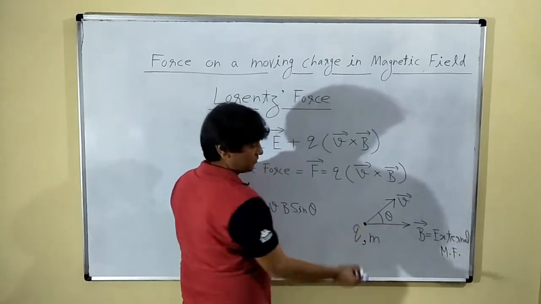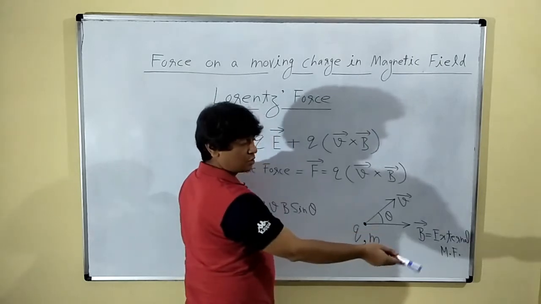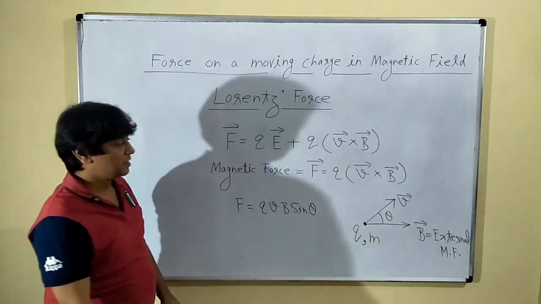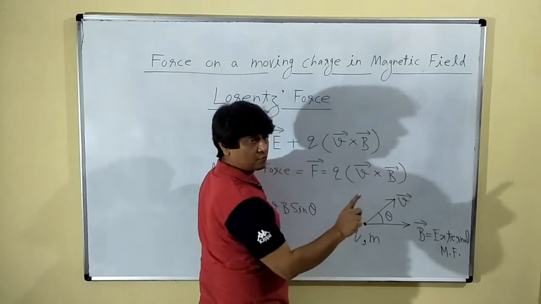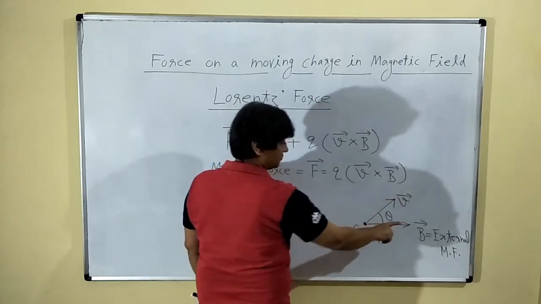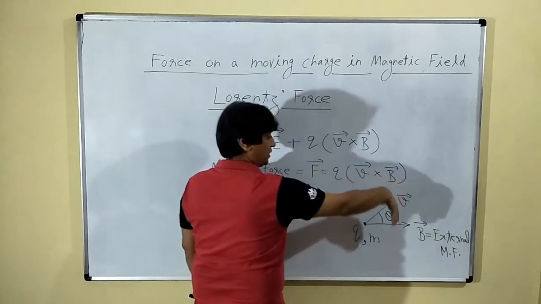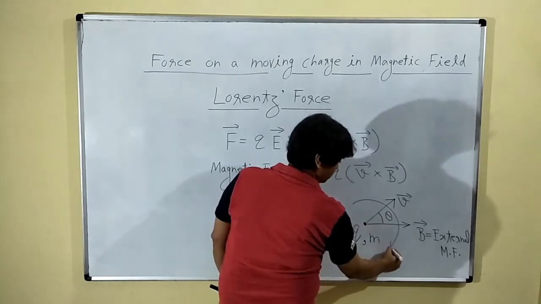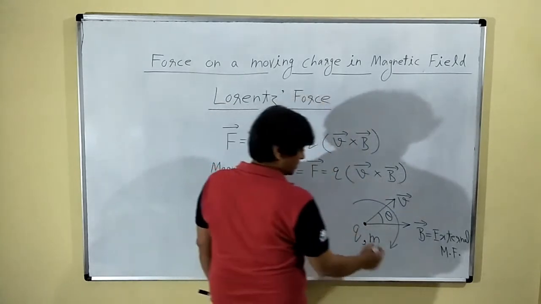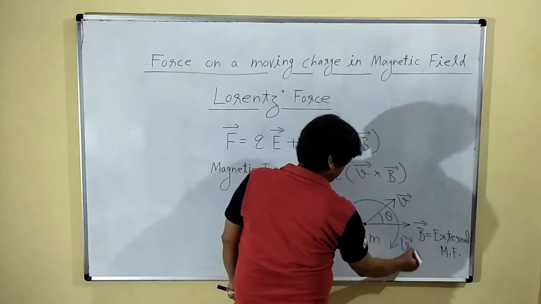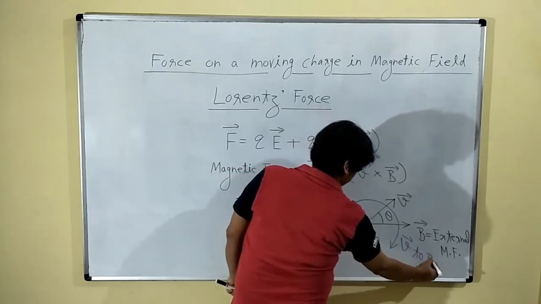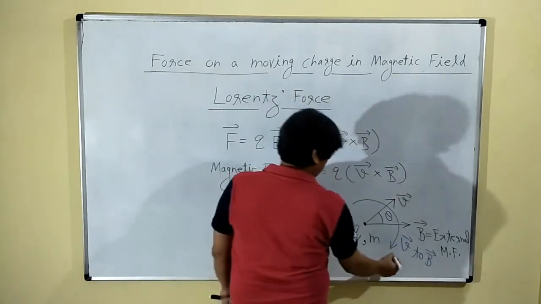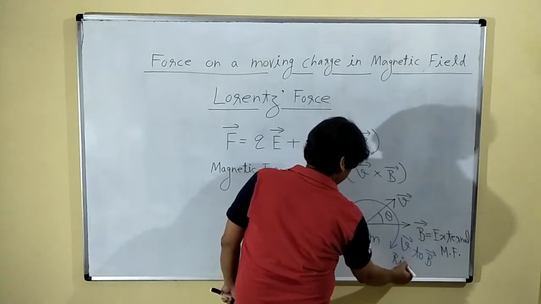And we have to decide whether the force is pointing out or pointing in, and that is decided with the help of the right hand. Curl right hand fingers from V to B like this, V to B. This curling is from V to B, and it should be done with the right hand.